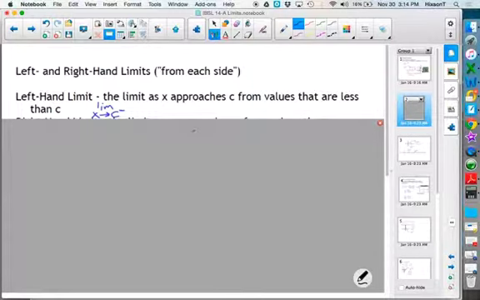That means we are approaching this value from the left. For example, on our last one, I could have put the limit as x approaches 2 from the left side.